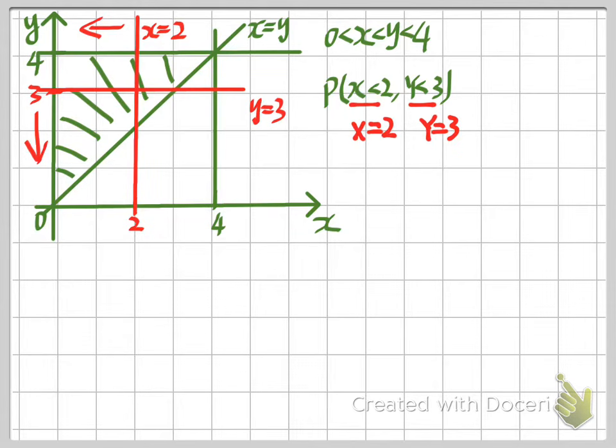So we need to find the intersection between the left part of x equals 2, the lower part of y equals 3, and also the green shadow part of our original region.